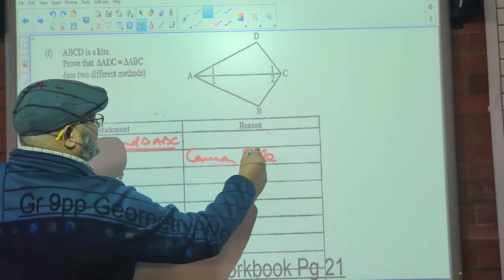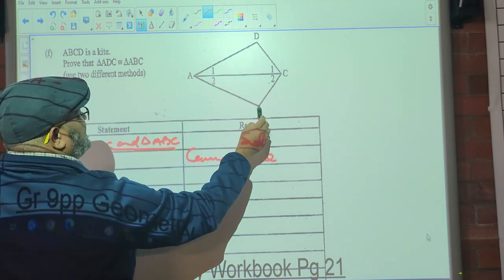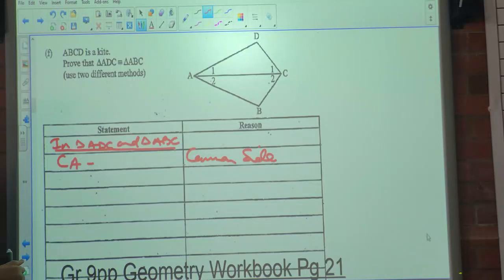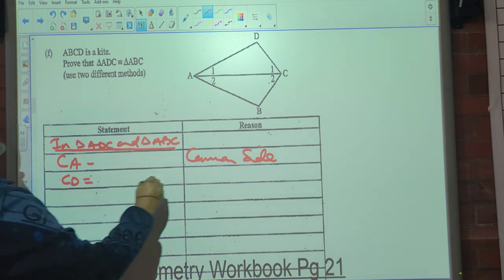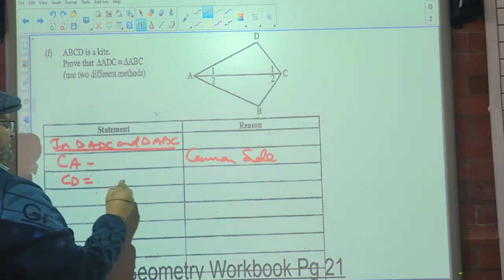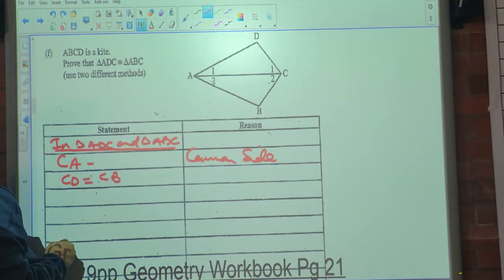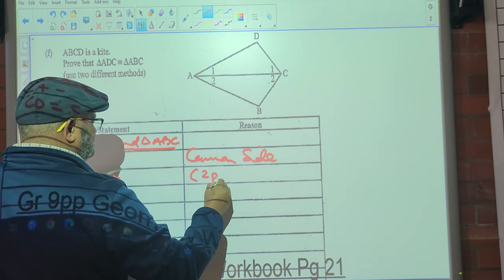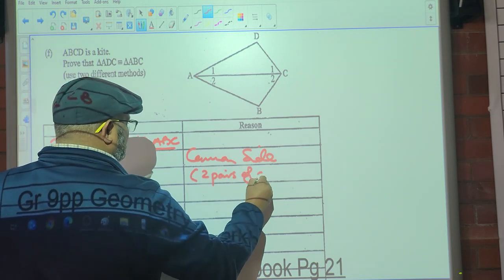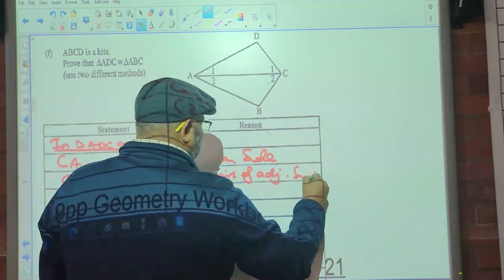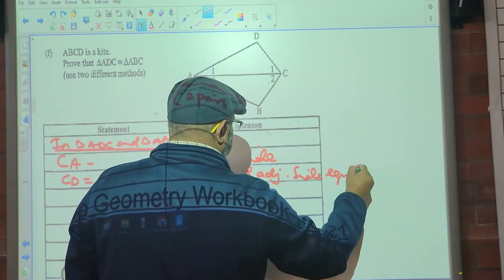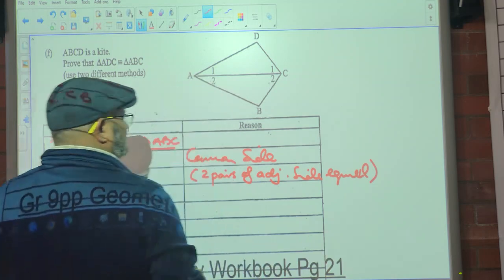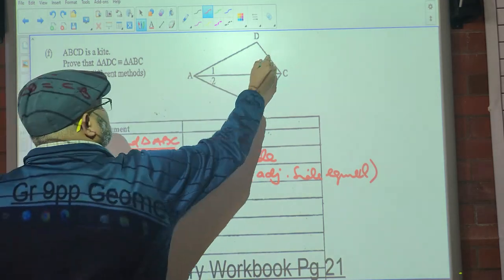Why? Because it's in both triangles. It's triangle DAC and triangle BCA. What else do we know? We know that CD is equal to CB. Why? Because 2 pairs of adjacent sides are equal, which make those equal to that.